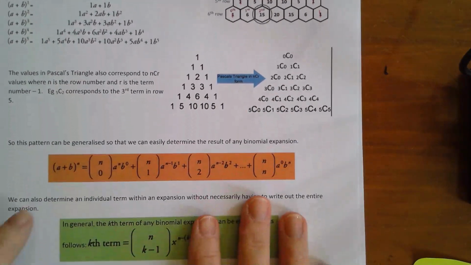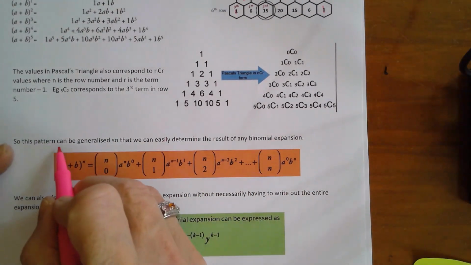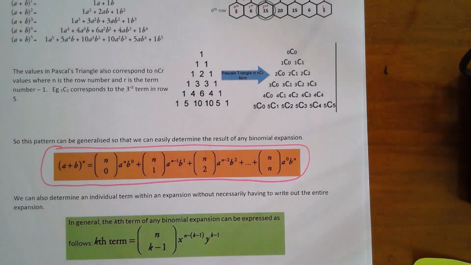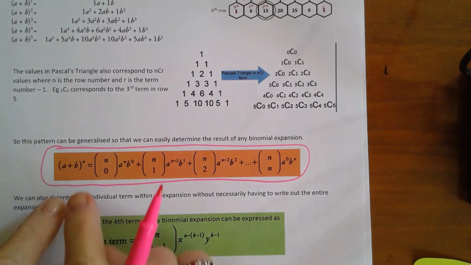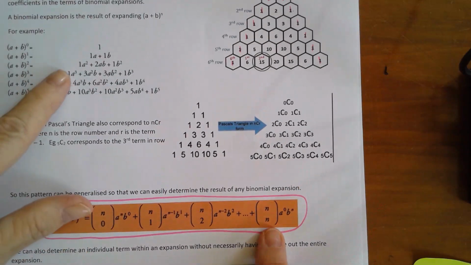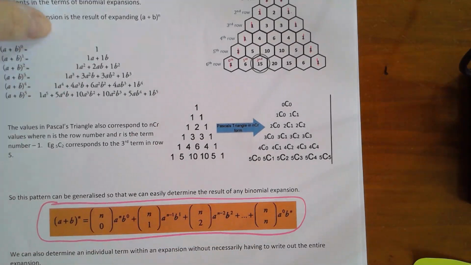All right. So this pattern can be generalized as this. This is going to be kind of a big deal for next year, but not so big of a deal right now. Okay, so it is generalized, which means it's written the whole thing out in letters. But I'm not worried about it right now. We'll be able to do all our examples.